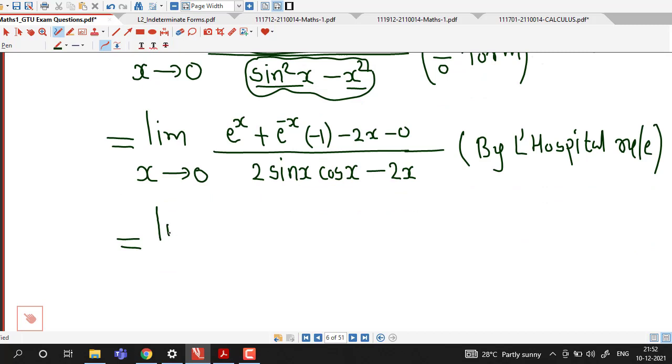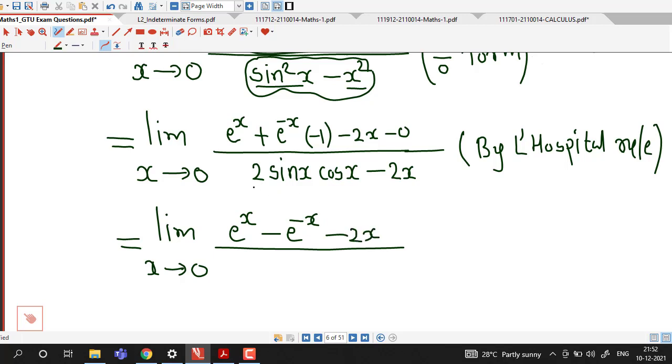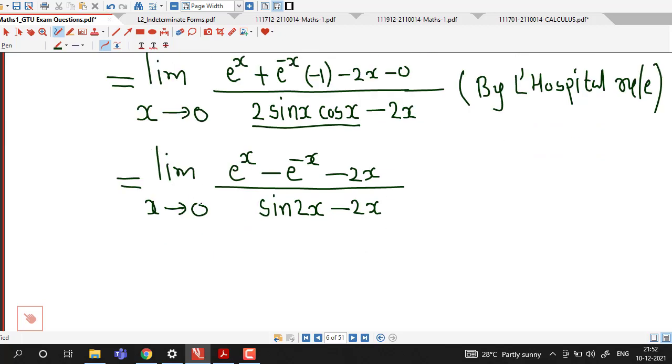First we rewrite all these things and then we check what we have obtained. So this we can rewrite as e^x minus e^(-x) minus 2x, and if you remember, 2 sin x cos x can be written as sin 2x, so the denominator is sin 2x minus 2x. Now we again see what we obtain when we take x equal to 0 in the numerator and denominator.